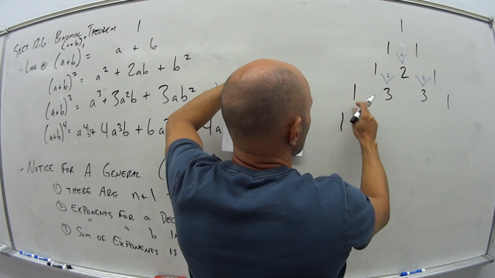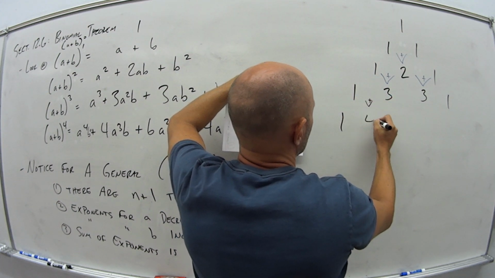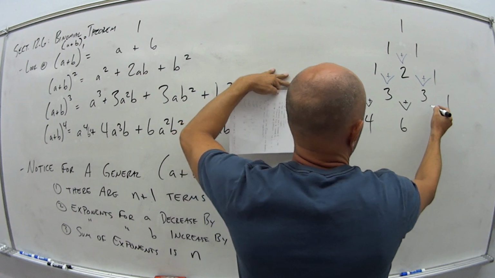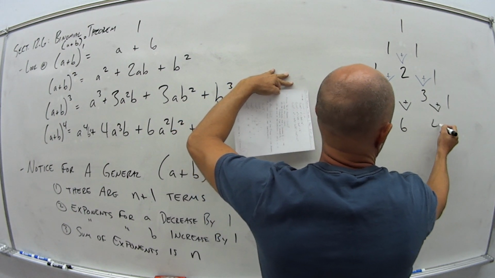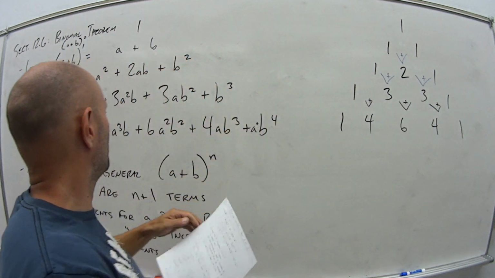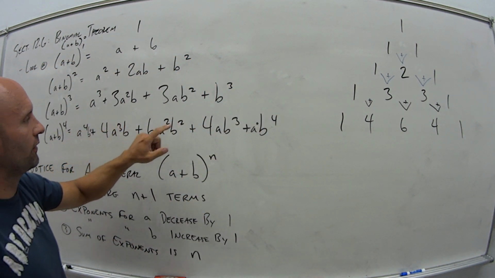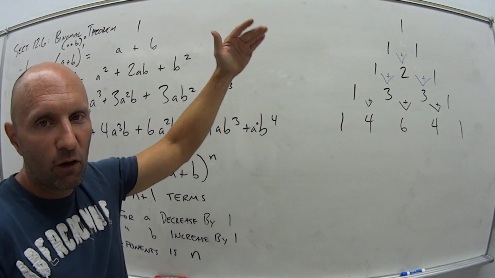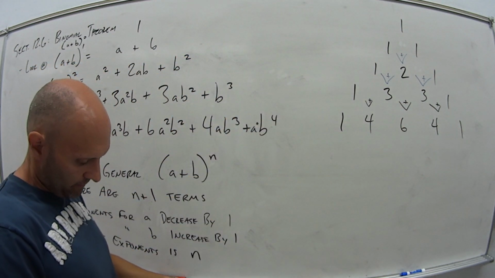If I add these two, 1 plus 3 is 4, 3 plus 3 is 6, 3 plus 1 is 4, and again a 1 down the outside. Let's look back here: 1, 4, 6, 4, 1. And that'll go on to infinity.